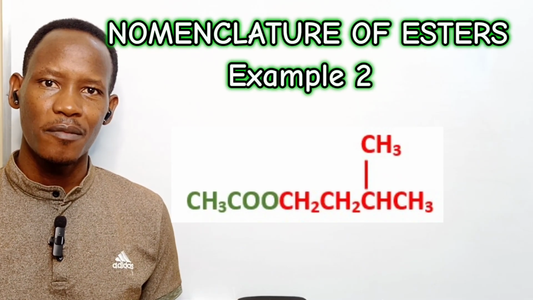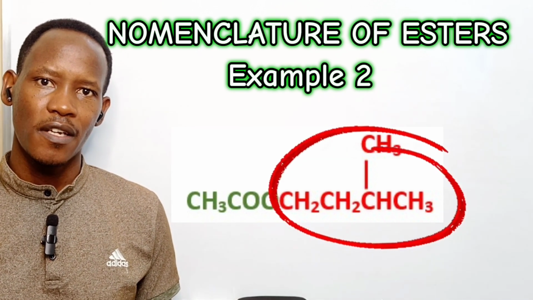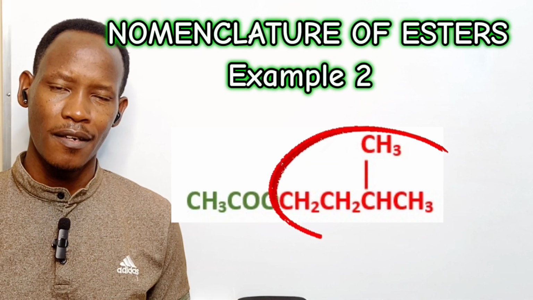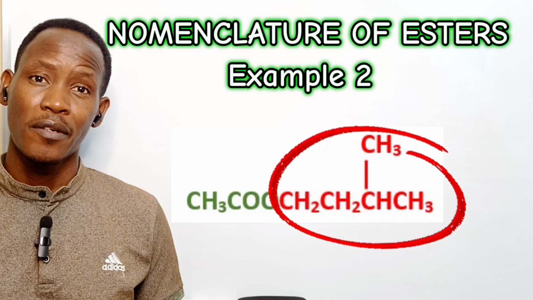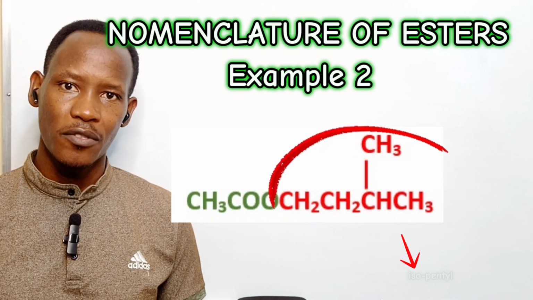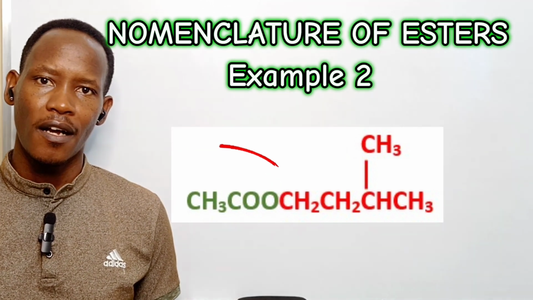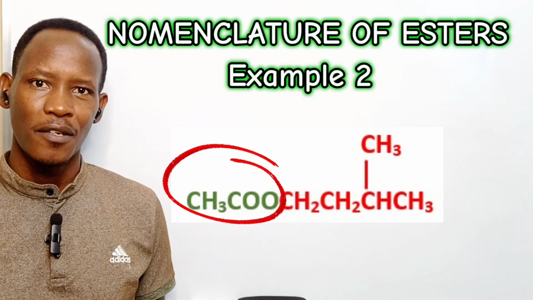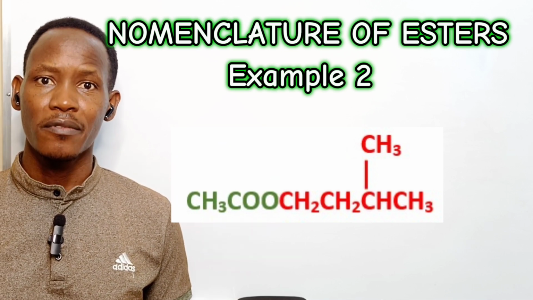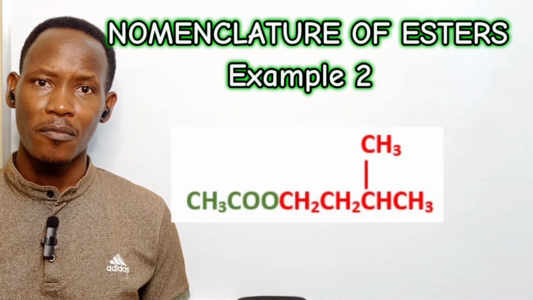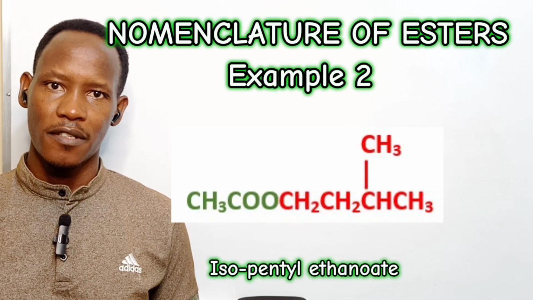Example 2 displayed beside there is that in red we do have the alkyl part of the ester, and if you are to remember very well, we named that alkyl group as isopentyl, and in green we have the alkanoate part of this ester, which is ethanoate, and therefore by combining the two we obtain the name of the whole compound displayed as isopentyl ethanoate.